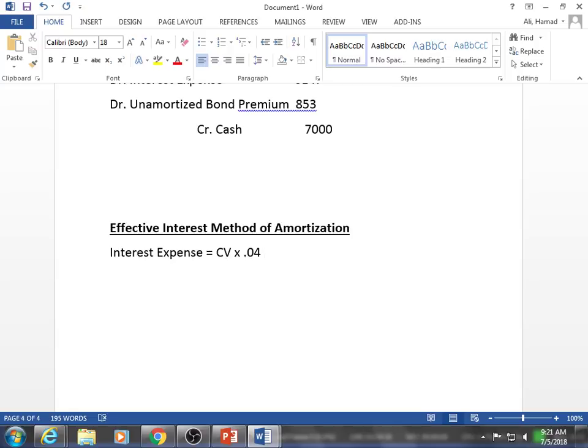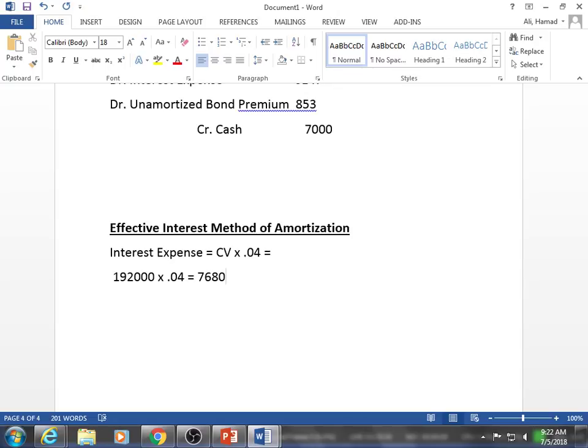What do we get? The current value is 192,000. 192,000 times 4% is 7,680. That's our interest expense.